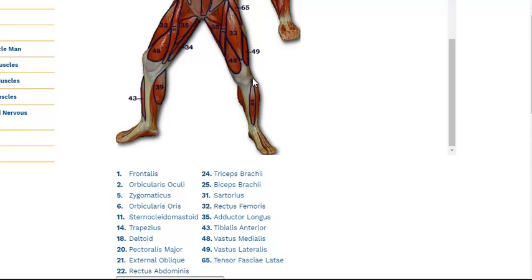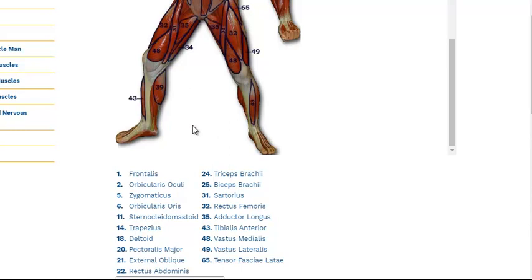Here is your knee. And right here, 48 is the vastus medialis, so it's towards the middle of the body, and the 49 is the vastus lateralis, and it's towards the outside of the body. So if you look at this, you can see the vastus medialis, and then here's where the guy has his leg rotated out, and you don't see the vastus lateralis because it's on around on the other side.